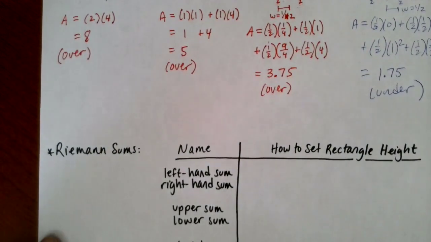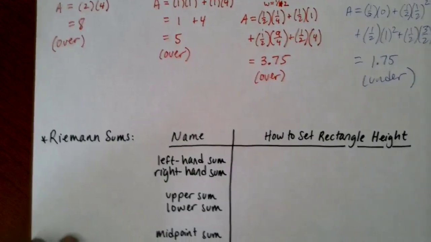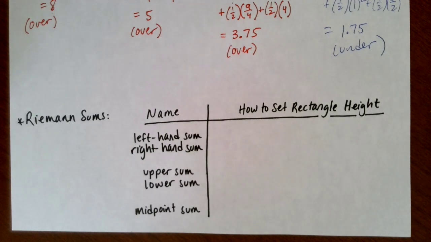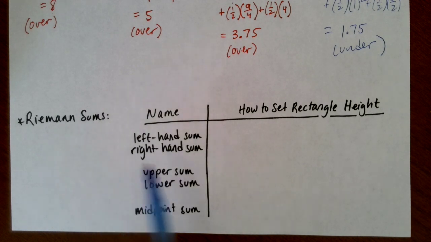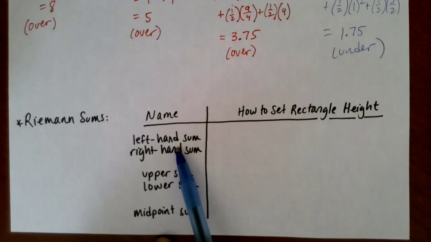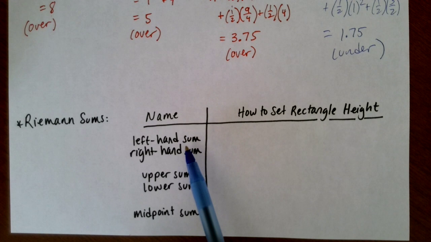There's just one last thing I want to talk about before we're done here, which is the different types of sums that are kind of in this vein. So what we've been doing is called Riemann sums, because Riemann is the guy who came up with all of this. What we just did was a right-hand sum and a left-hand sum. Each of these is just like a policy for how to choose the height of the rectangles.